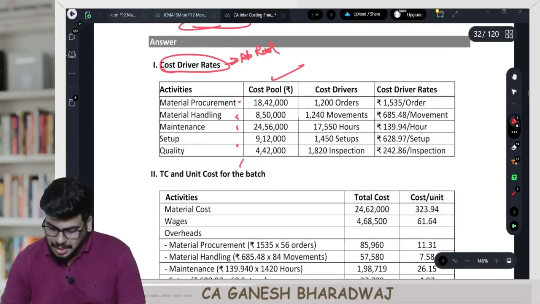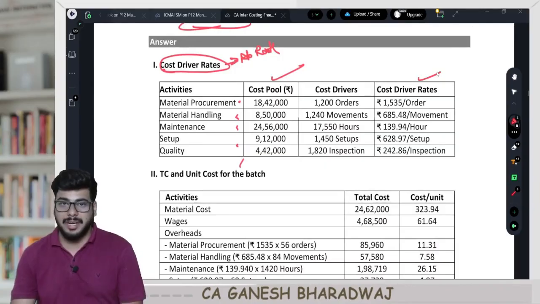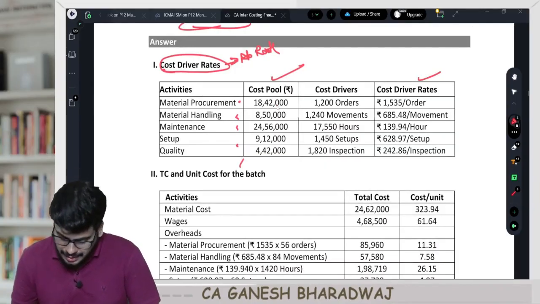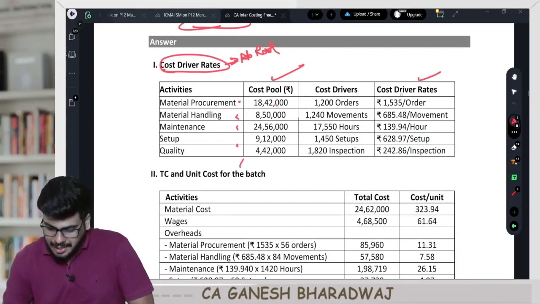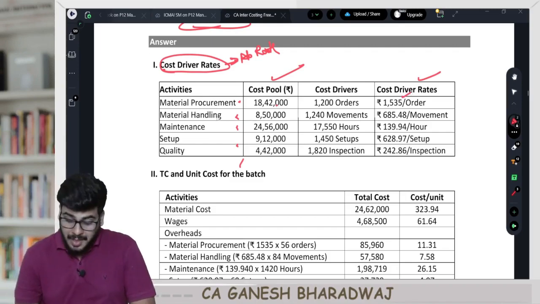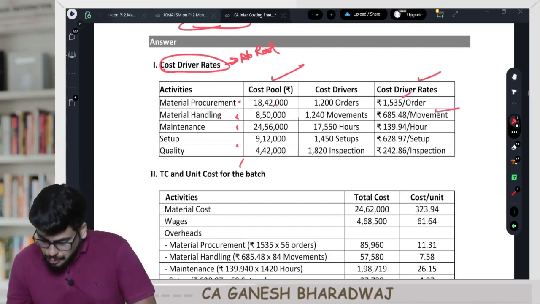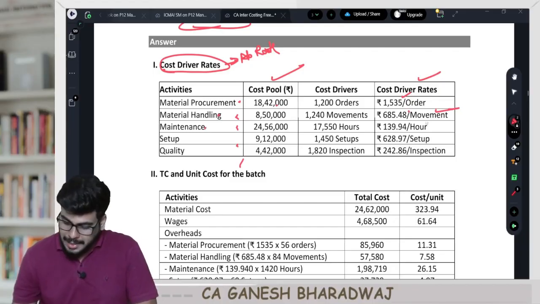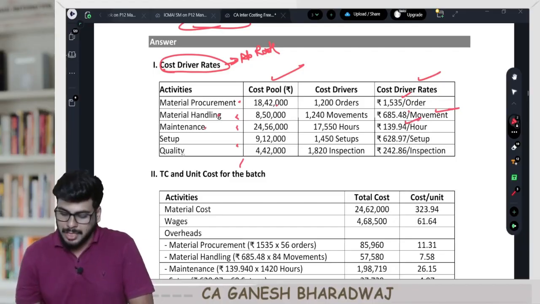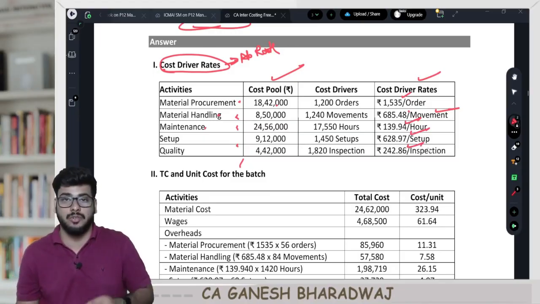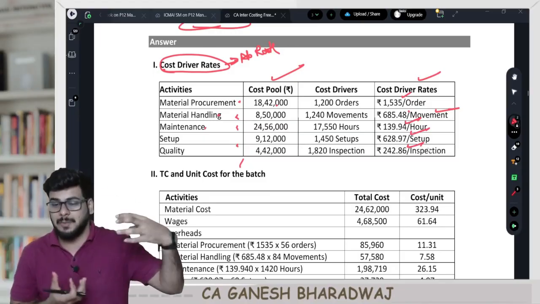You take it. Now you will arrive at the cost driver rate. In this case, for every order, the material procurement cost is 1535. Material handling activity, per movement, the cost is so much. Maintenance, per maintenance hour, it is so much. Per setup, the setup cost is so much. Per inspection, the quality control cost is so much. Like this, you will arrive at the respective cost driver rates.